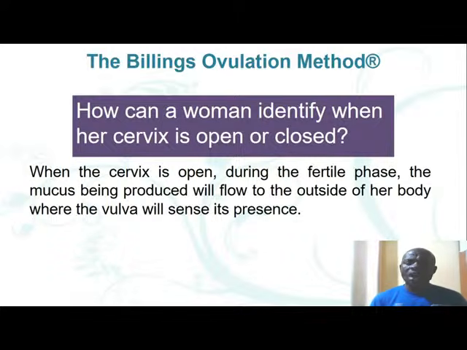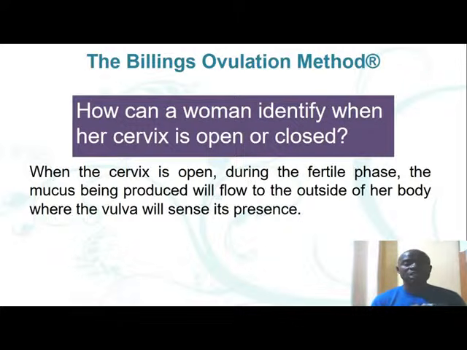And when are you supposed to make this observation? Even before we go to make observation, somebody might be wondering, you're talking about the sensation, the feeling at the vulva, and I've not been able to experience them. It's because you've not been paying attention.